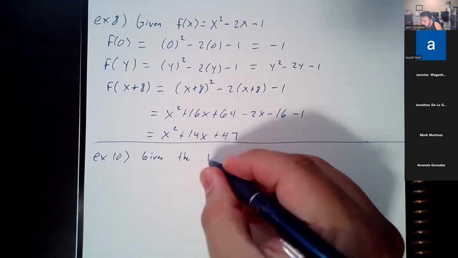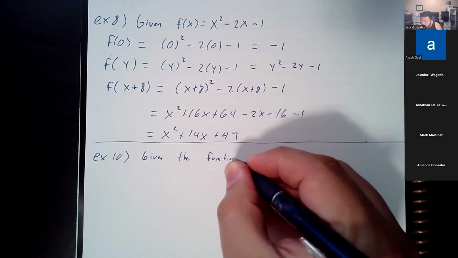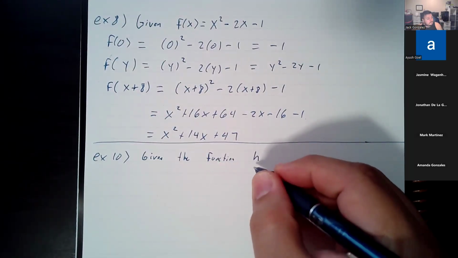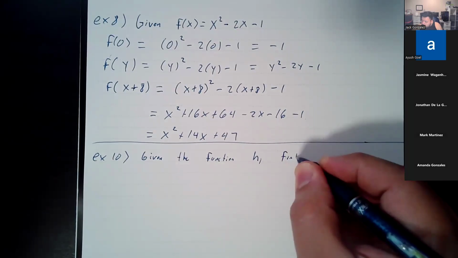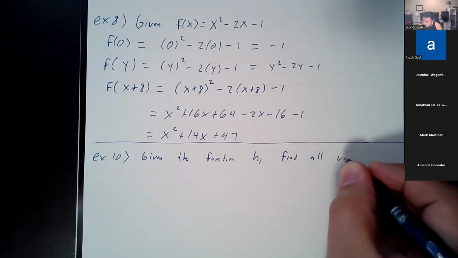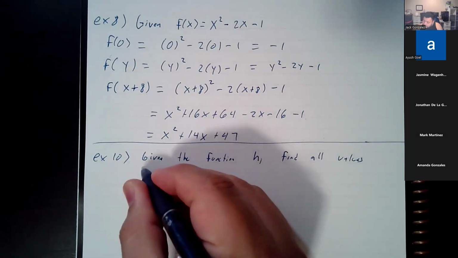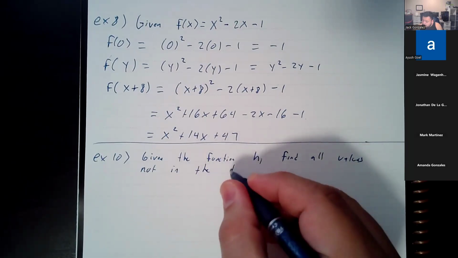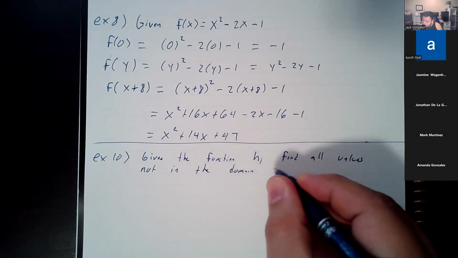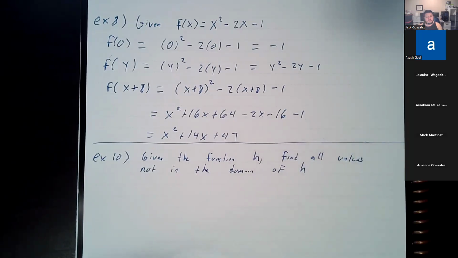Given the function h, find all values not in the domain of h, which is that problem area we saw in the graph.